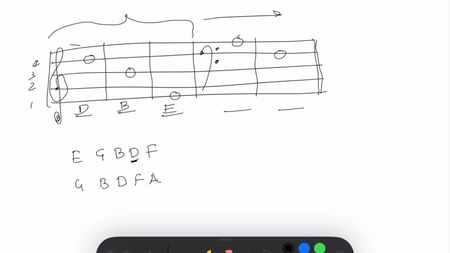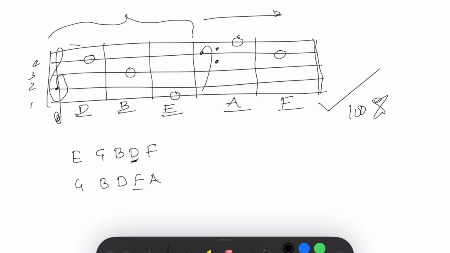And that's the 5th line, so this will be A. And on the 4th line would be F. And that's how to answer the question. So if you had written D, B, E, A, F, then you will be correct 100%. Anything short of that is not correct.